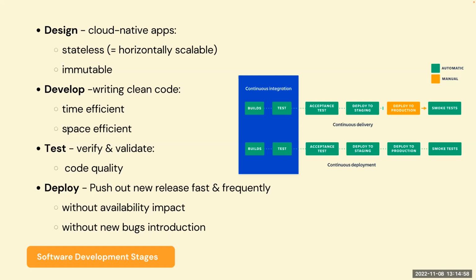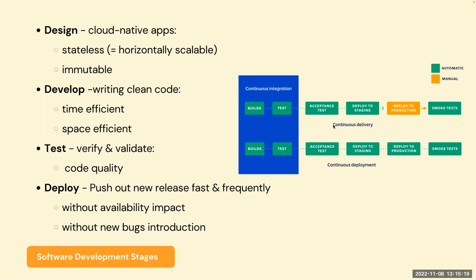So the next step is deployment. Once you have developed and built the code, and you tested and everything is looking good, you push it to a registry, or let's say a container registry if you are using a microservice containerized application.